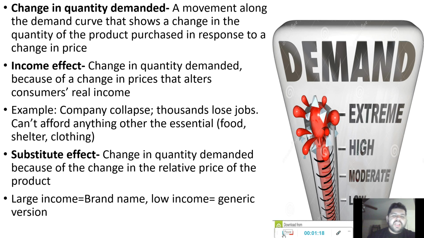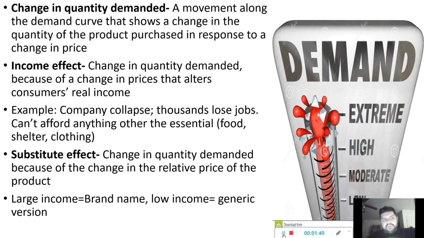Change in quantity demanded is basically a movement along the demand curve. If you remember from the last video, the graph you made should have started up high against the side and then gone downwards. It shouldn't be jumping up and then down at the top.